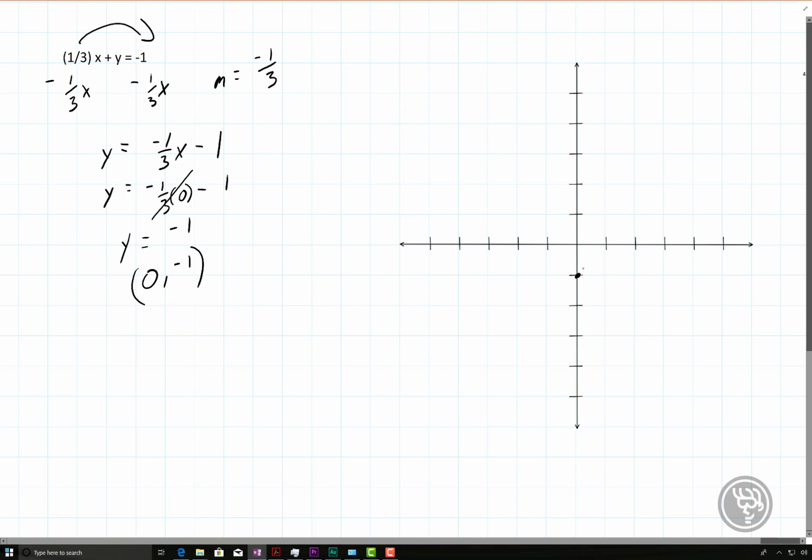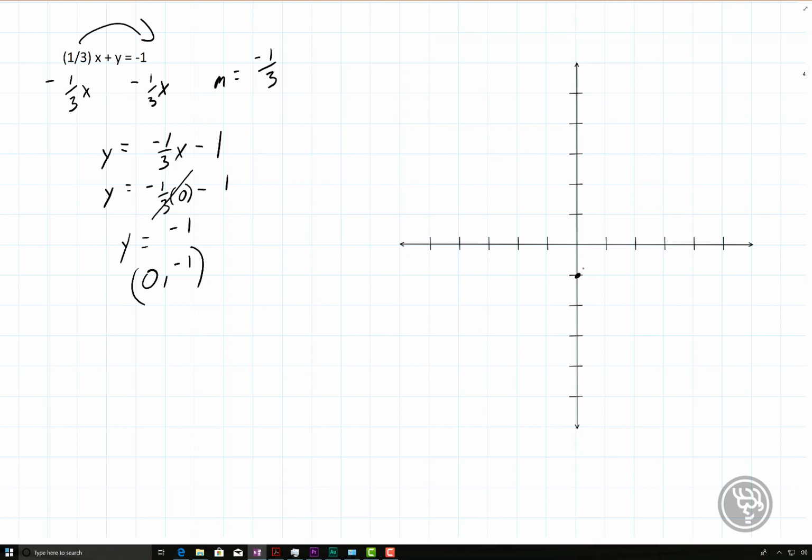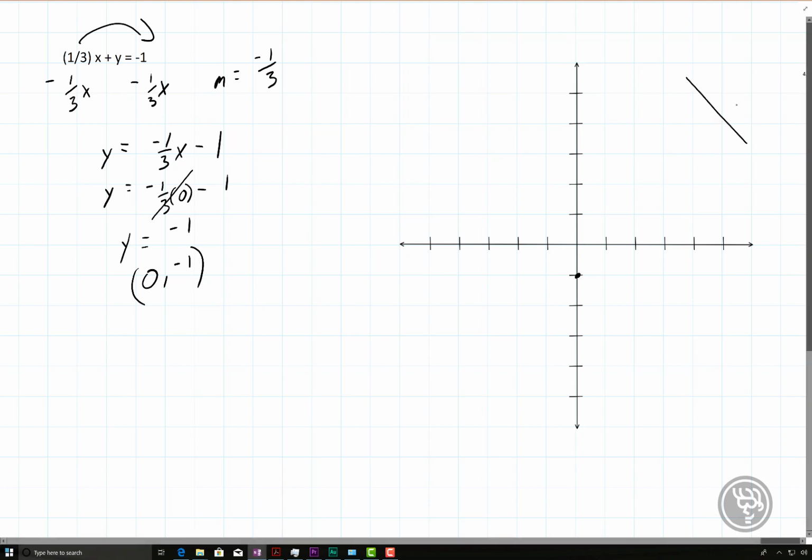And then, in order to get your next point, we know this graph is going this way. It's descending. So we're going to go down 1 from here to here, and then over 3. 1, 2, and 3. Okay?